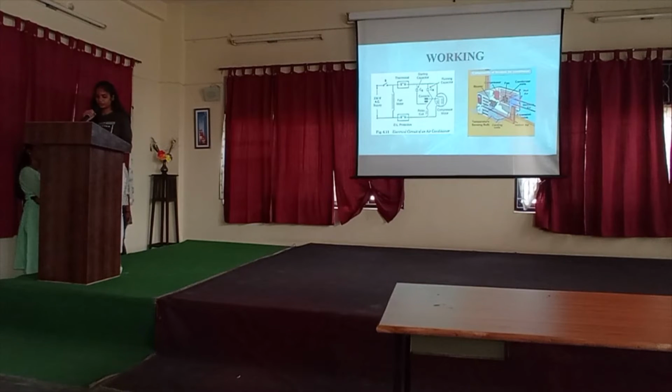So coming to working, when the supply is on, the higher current flows in the motor starting winding. You can see the fan motor in the first picture. This is where the high current flows, and it starts, and the relay contact also closes and connects the starting capacitor to the starting winding.